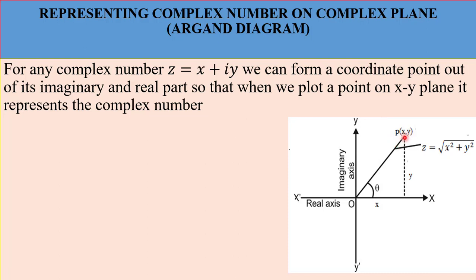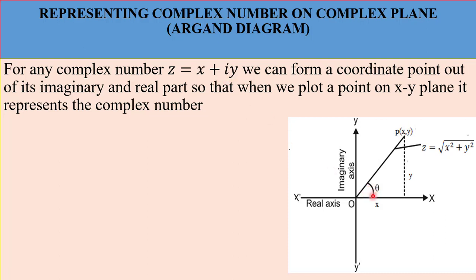And the length of this line from the origin can be determined by squaring the x component and the y component, or the real part and the imaginary part, of the complex number z equal to x plus iy.